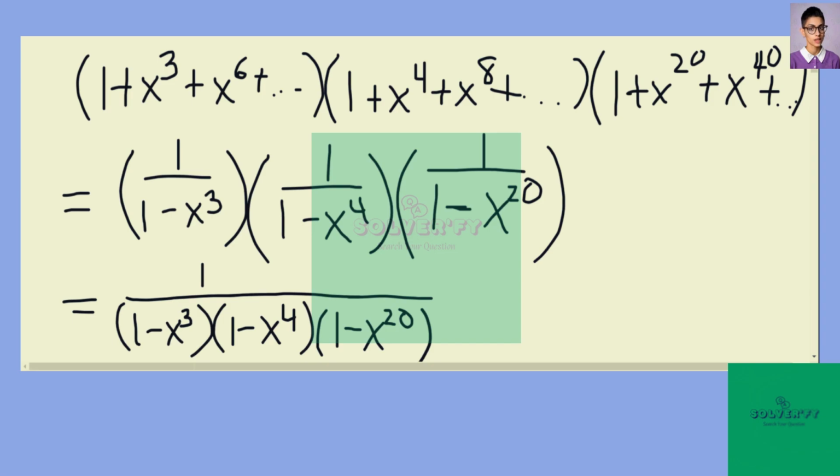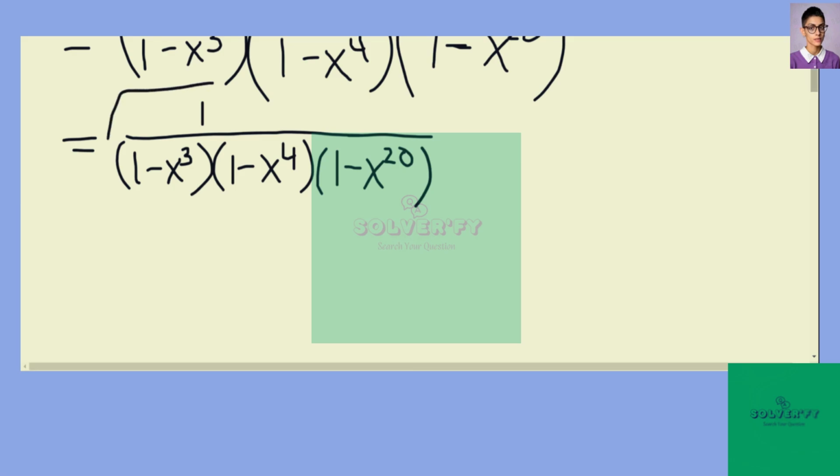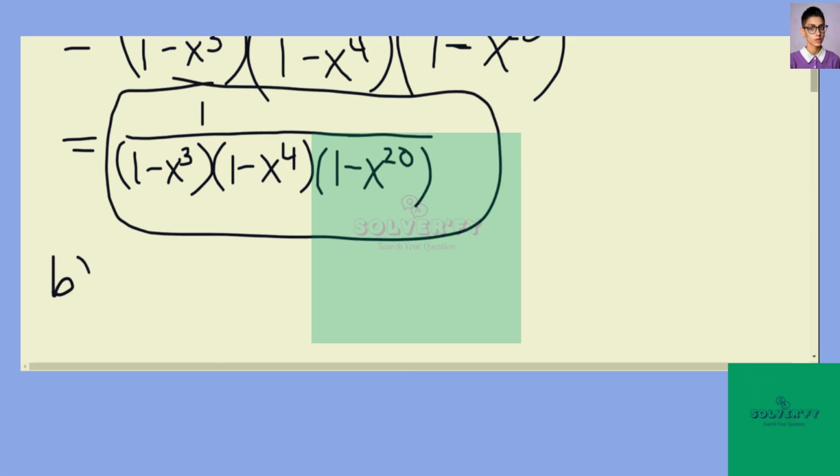And then in part B, we're asked to assume that the order in which the stamps are pasted on matters. So we have that on each draw, we have a chance to select a 3-cent stamp, a 4-cent stamp, and a 20-cent stamp.